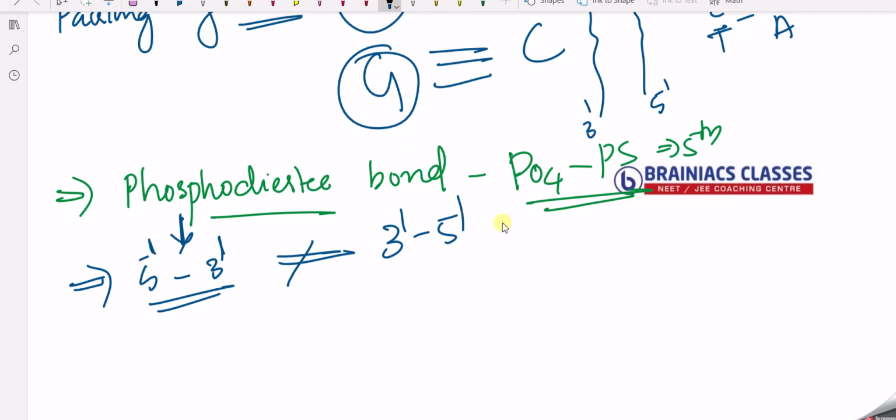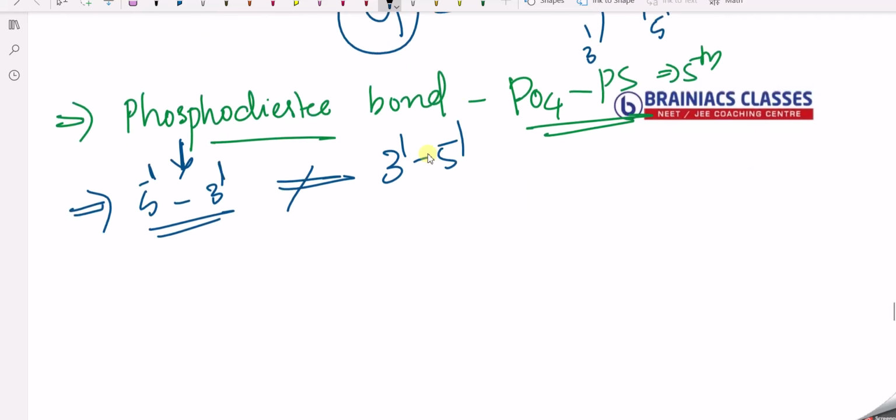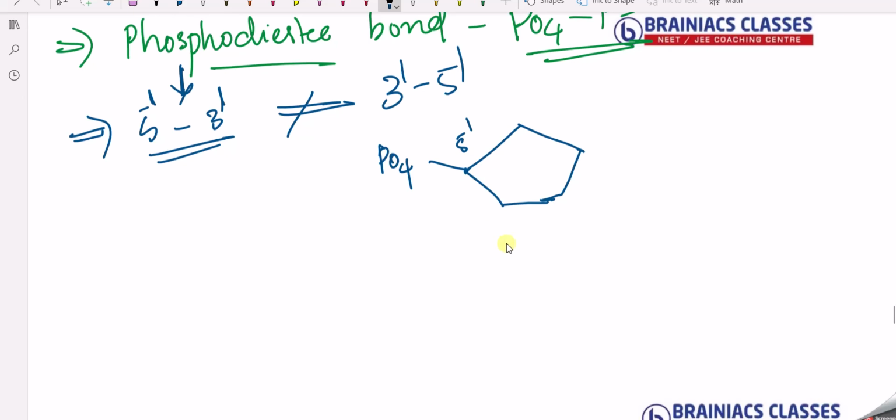In the pentose sugar, right? I'll just draw it here. If this is the pentose sugar, and this is the fifth carbon which has the phosphate group, so this is the 5 dash carbon. If you take the next group, the pentose sugar just below it, this is the fifth one, right?